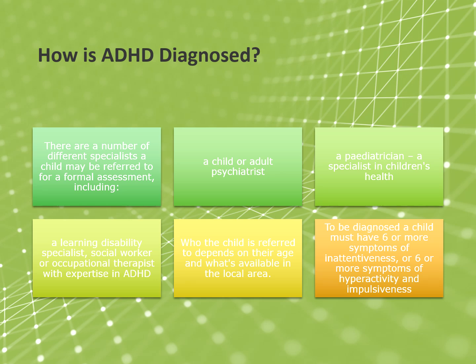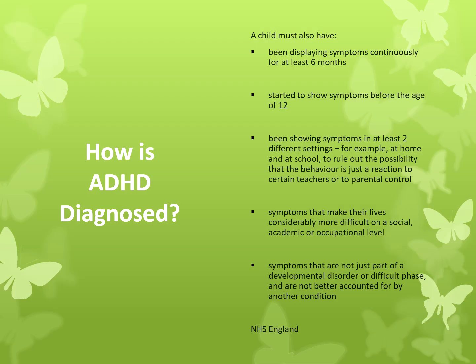To be diagnosed, a child must have 6 or more symptoms of inattentiveness or 6 or more symptoms of hyperactivity and impulsiveness. A child must also have been displaying symptoms continuously for at least 6 months, started to show symptoms before the age of 12, and been showing symptoms in at least 2 different settings, for example, at home and at school, to rule out the possibility that the behaviour is just a reaction to certain teachers or to parental control.